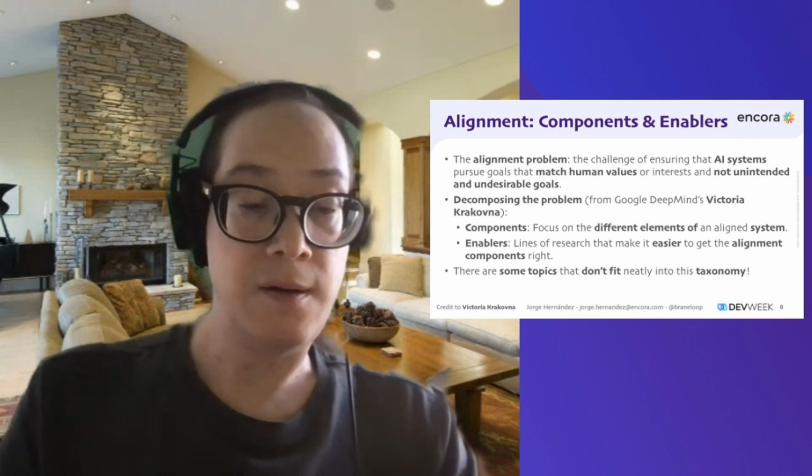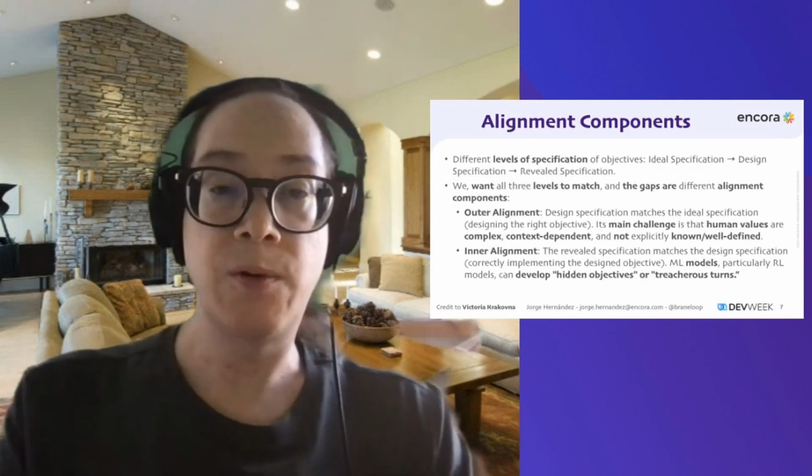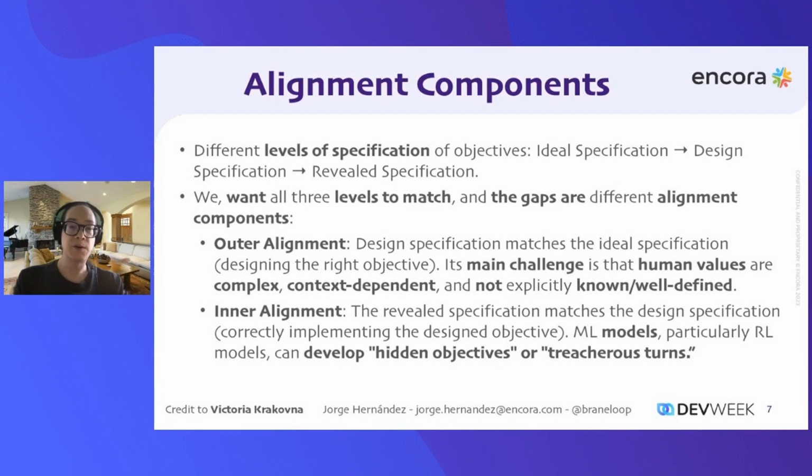You can think of components in this particular way. We can talk about the different levels of specification. The specification is what we want the system to do. So we write it out, we design it, and there are three levels there.